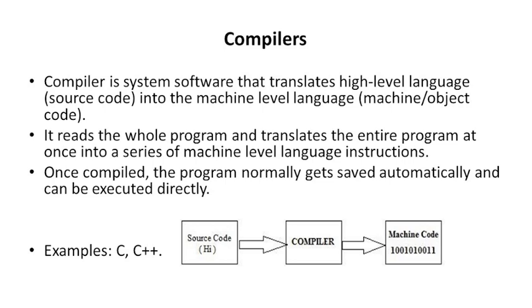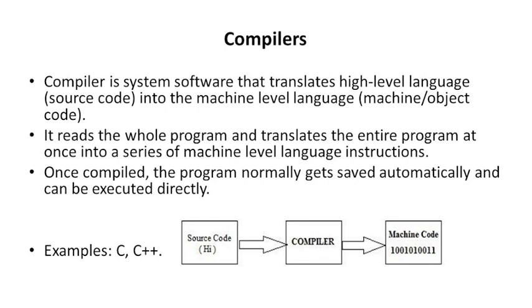In C++, for example, suppose the source code "hi" is given to the computer. It will not be understood by the machine, because the machine understands only machine language, machine code, that is binary form, zeros and ones.